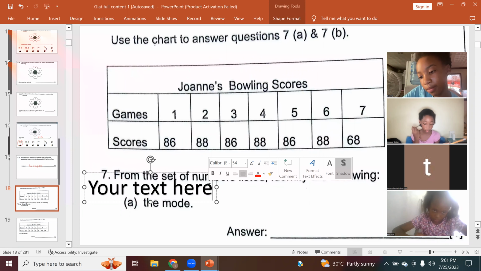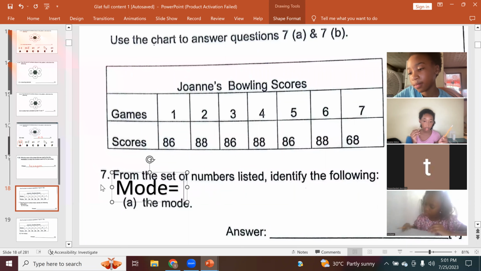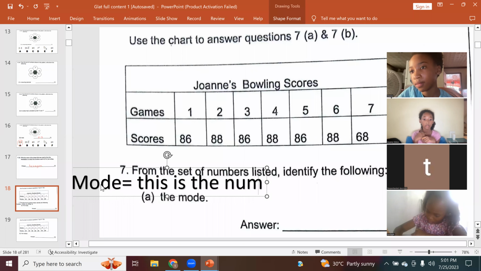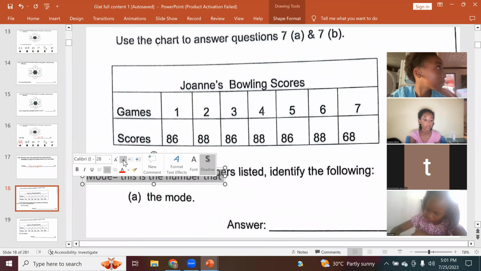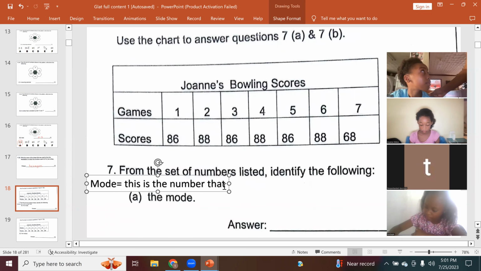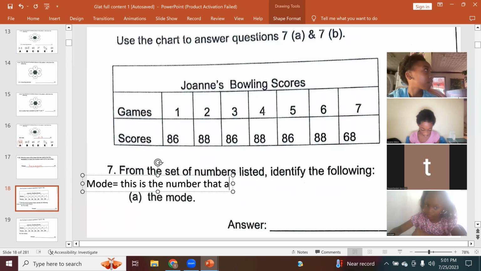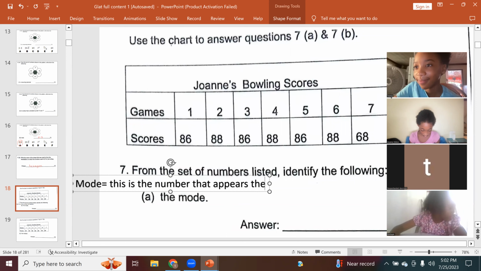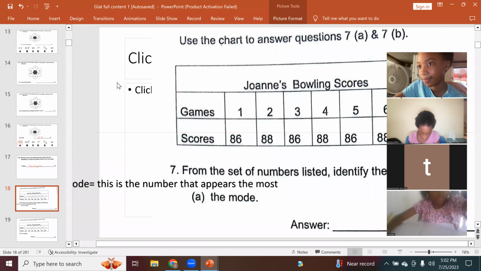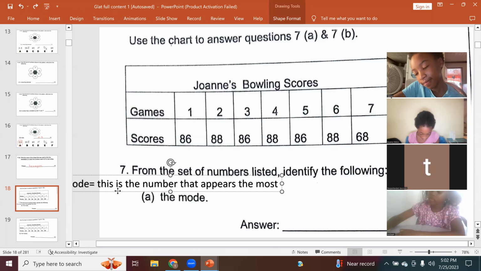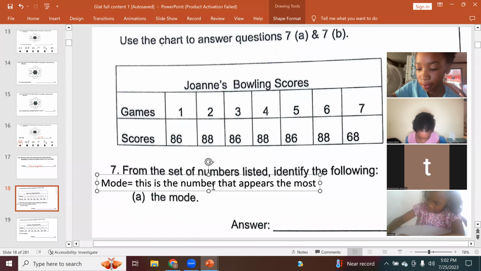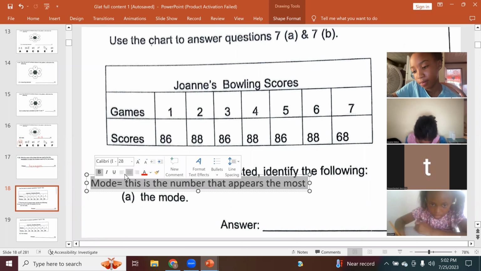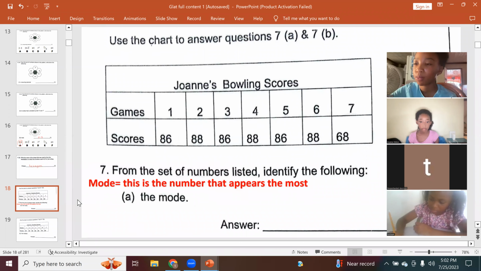You had the word mode and then the equal sign and it said this is the number that appears the most. So the mode is the number that appears the most frequently.